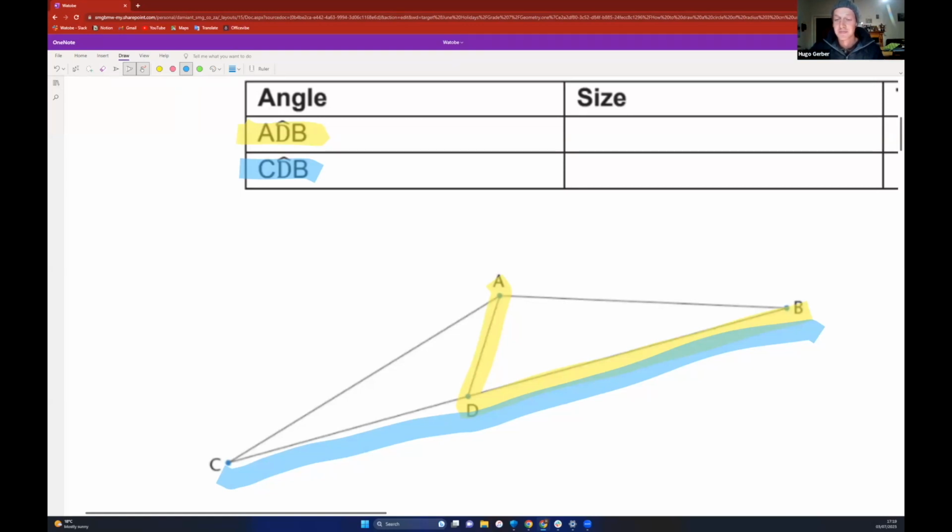Tell me. 180 degrees. Exactly. It's a straight line. It's going to be 180 degrees. It can't be anything else, even if it tried. A straight line will always be 180 degrees. All right. So that's angle CDB sorted.